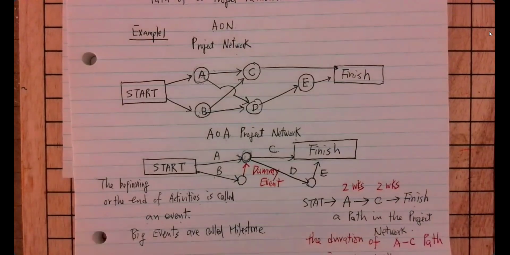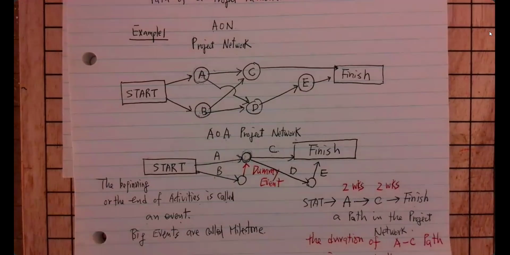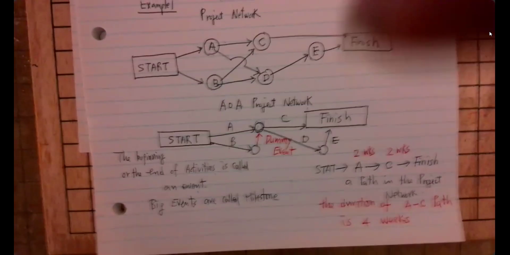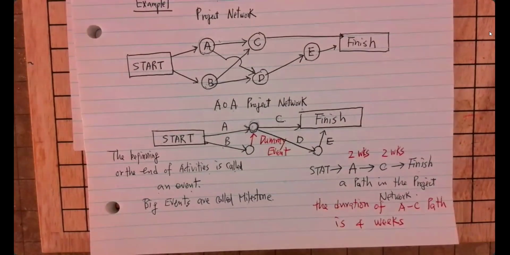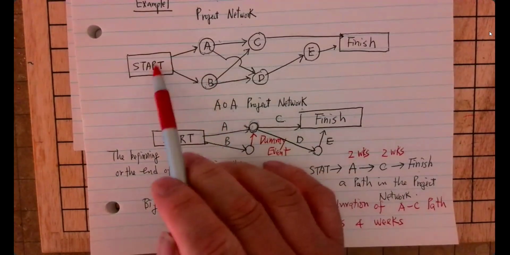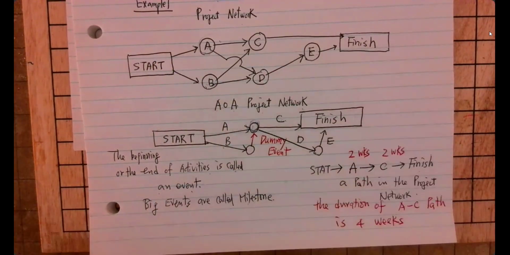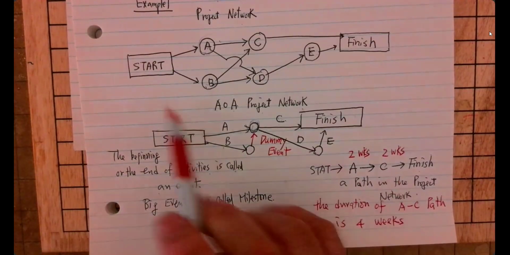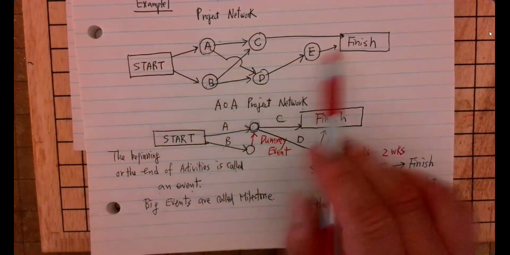Okay? So if I put down all the paths in the project network, how many paths do I have? I have AC to finish, which is this one. And I have ADE to finish.